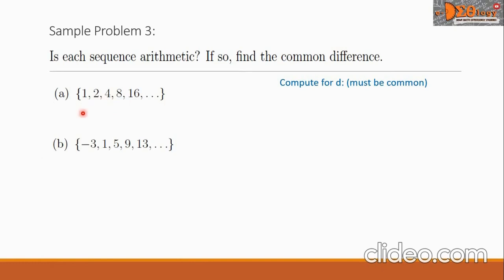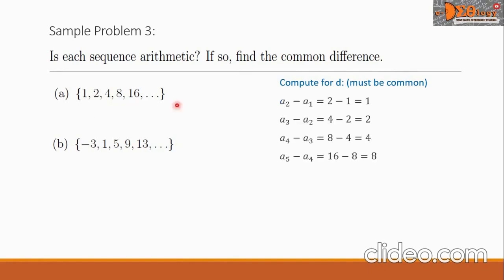In order for us to prove that this is an arithmetic sequence, the difference of 2 consecutive terms must be common. So it means a sub 2 minus a sub 1 is equal to 2 minus 1 equals 1.